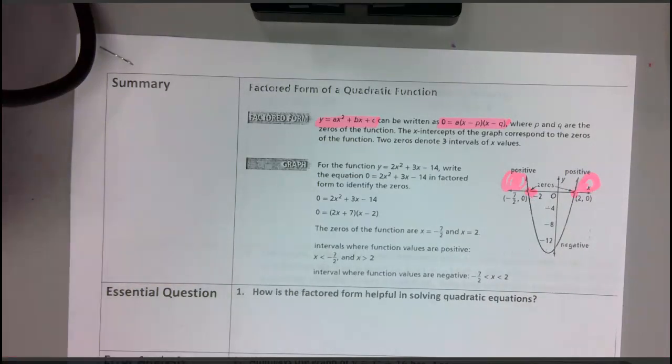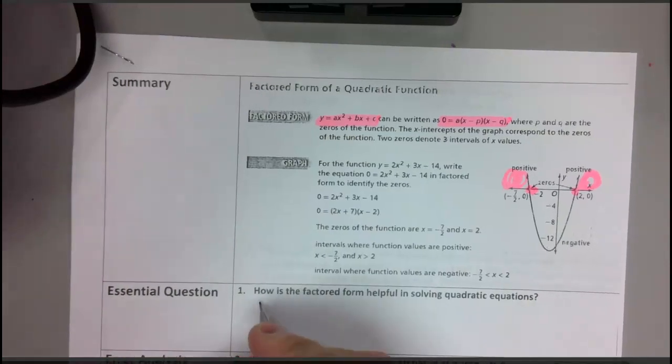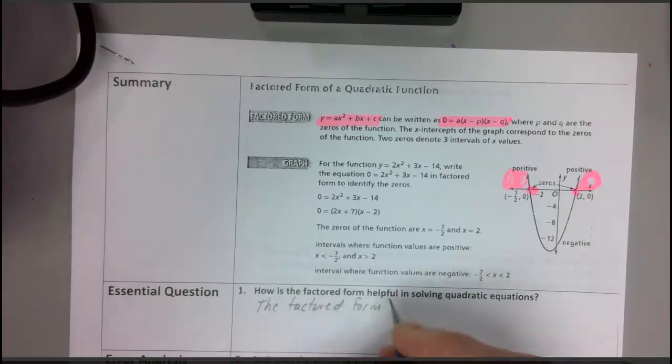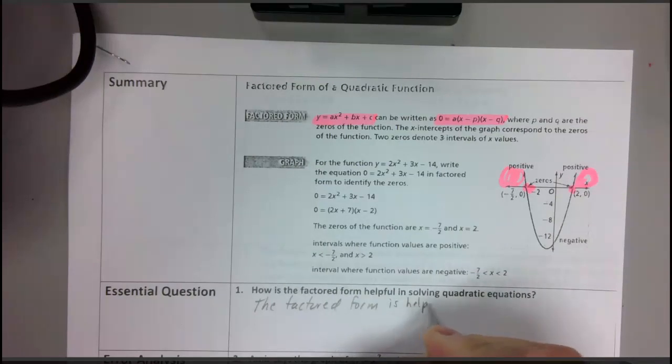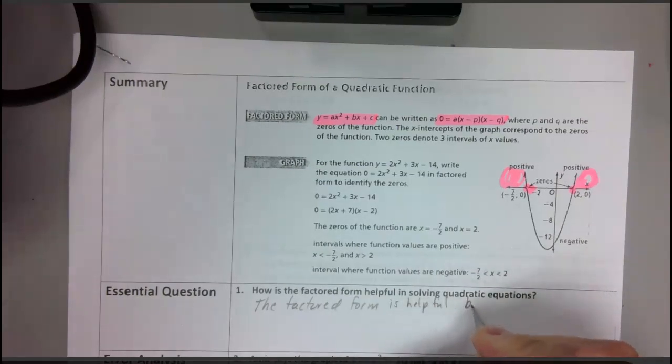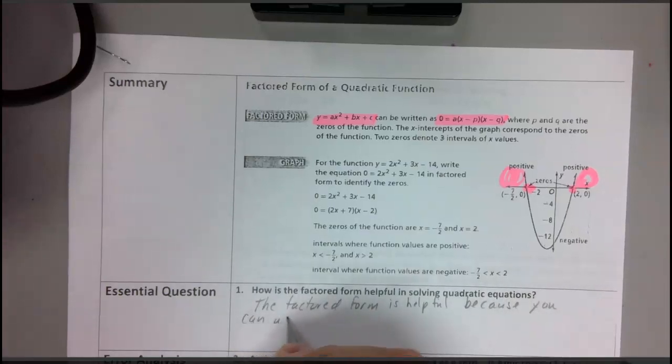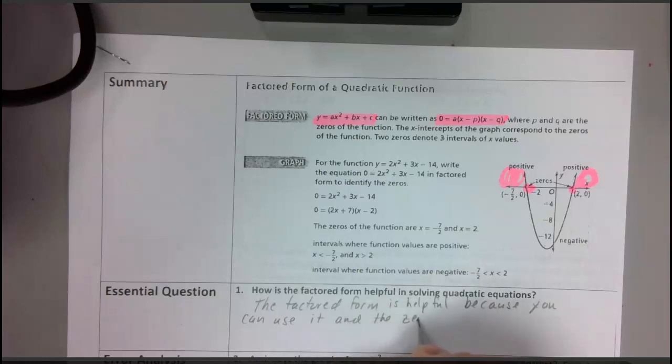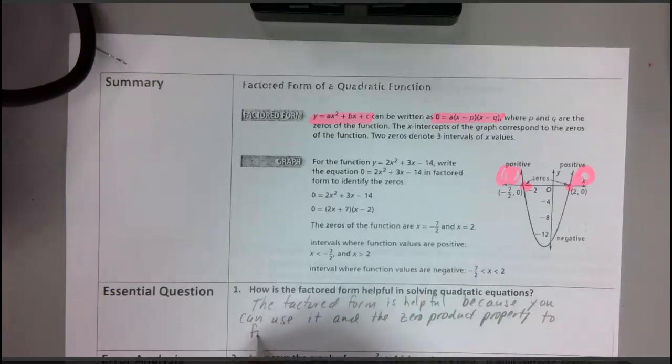Okay, how is the factored form helpful in solving quadratic equations? The factored form is helpful because you can use it in the zero product property to find the zeros of quadratic functions.